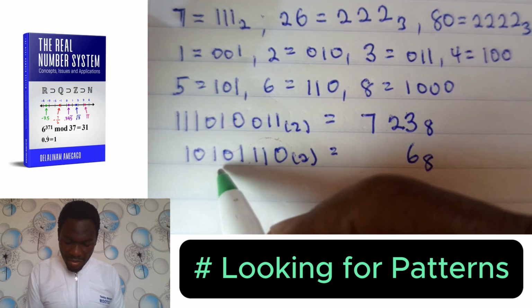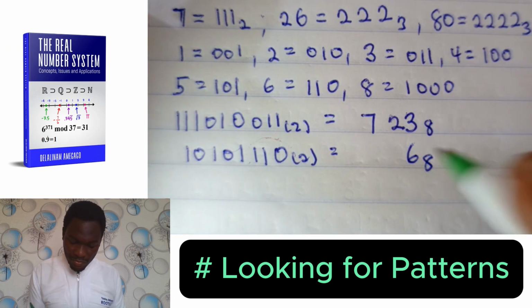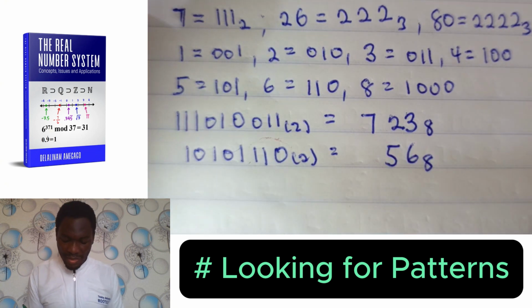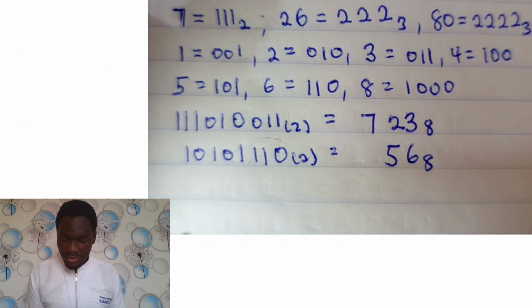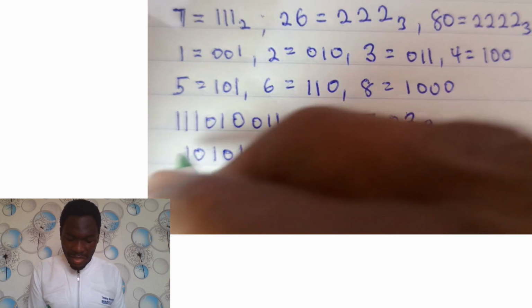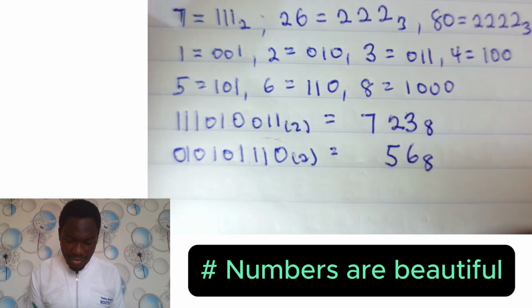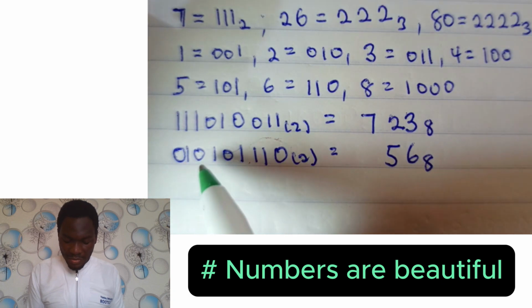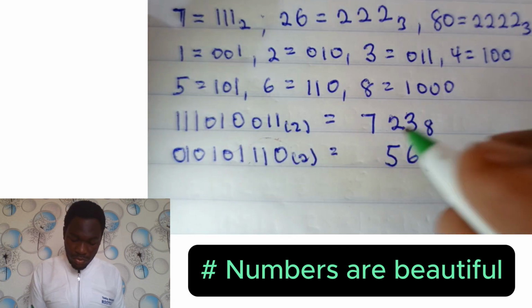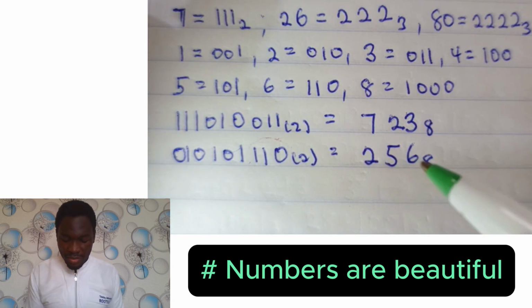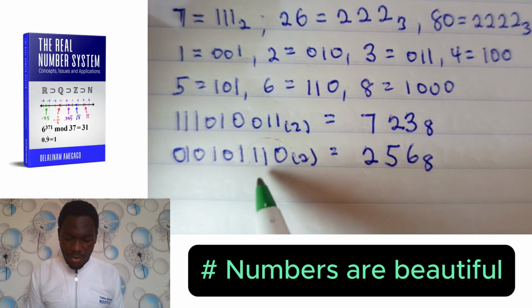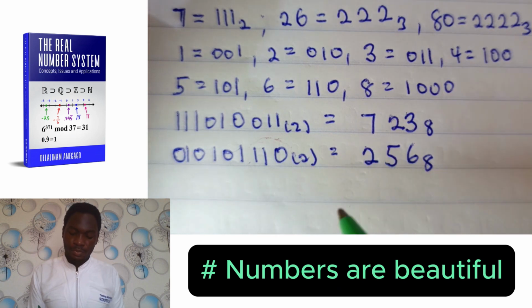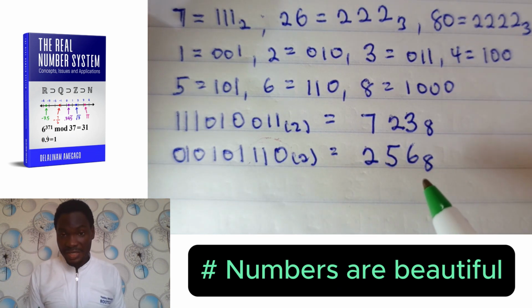So I move on again, then I see 1, 0, 1. That's 5. I write that. Then you realize you have only 2 left here. That should not bother us. If we like, we can pad it on the left with a 0, 0, 1, 0. That is 2. And so the number 1, 0, 1, 0, 1, 1, 1, 0 in base 2, its octal representation is 2, 5, 6.